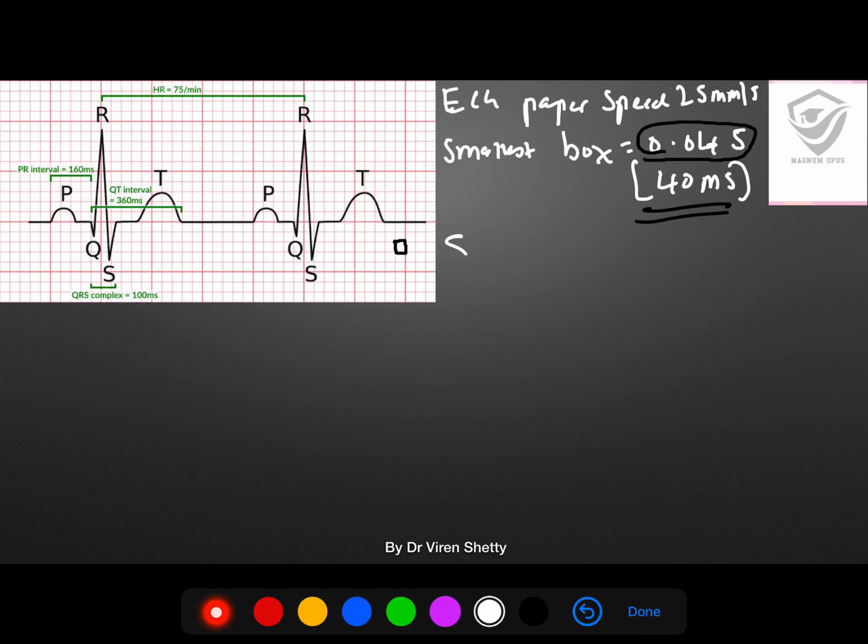As I told you, 5 small boxes will make 1 large square.